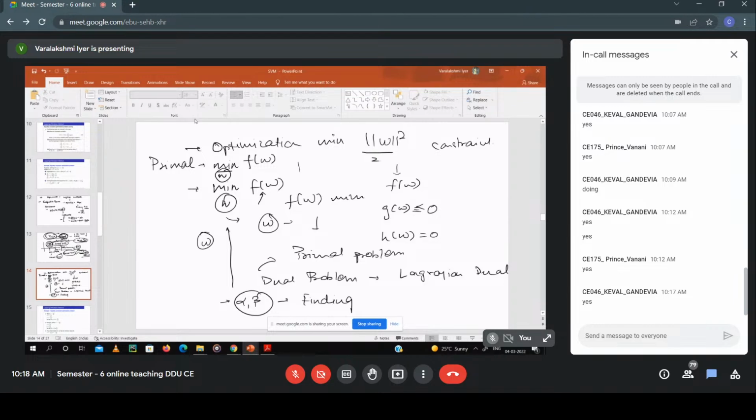But in the dual form, we try to maximize the Lagrangian of alpha, beta, and w for different values of alpha and beta. In short, if we solve for alpha and beta, we'll get a solution for w. So if we solve this dual problem, we'll get the solution for this primal problem. Are you getting the concept that I'm trying to explain here? Yes or no?